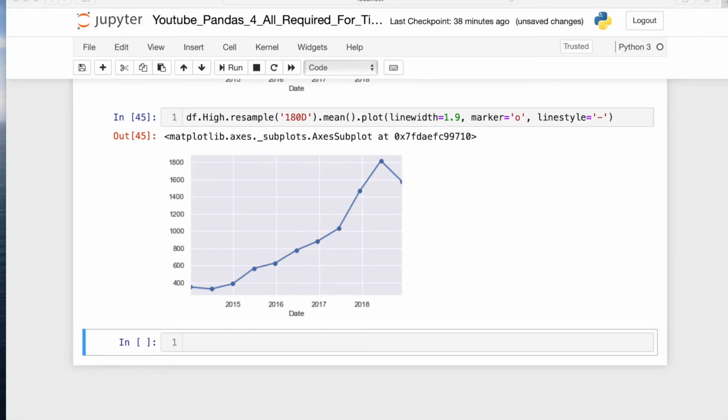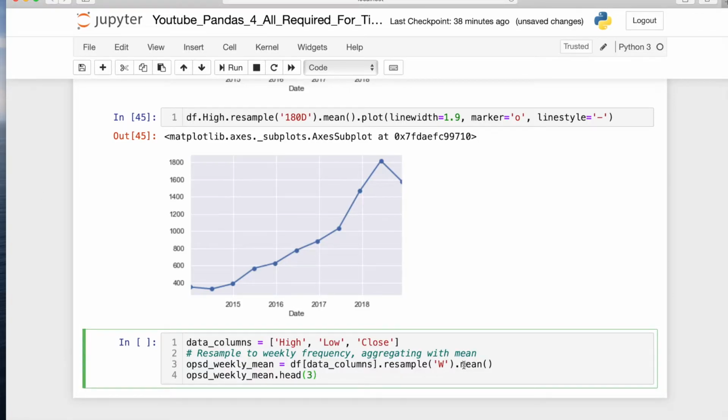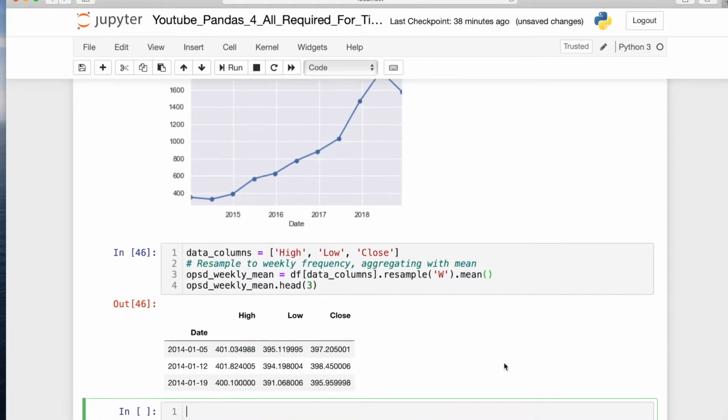Let me do one more thing here. I'm doing the resampling on a week basis. Here I use D for day, and here W for week, for all three, and take the mean. You can see the data is taken week wise, so it shows the 5th, then 12th, then 19th, meaning this is a week of data.